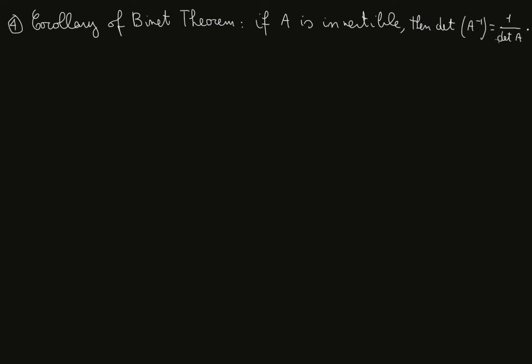This is a fundamental fact of the determinant. Whenever the matrix is invertible, its determinant will be different from 0. Actually, it is true even the opposite. So if the determinant of A is different from 0, A is an invertible matrix. We will see this in later lectures.